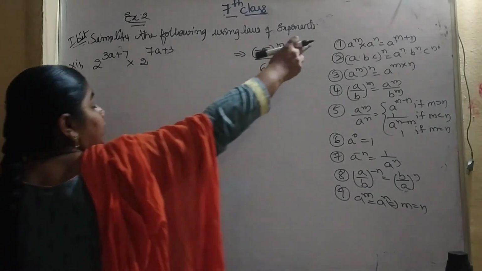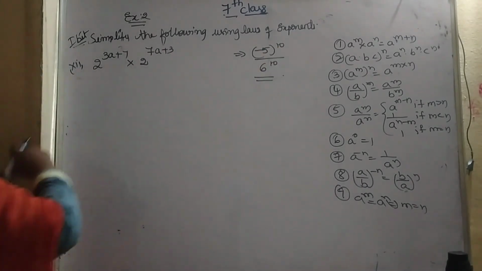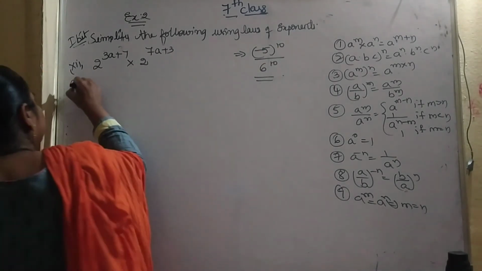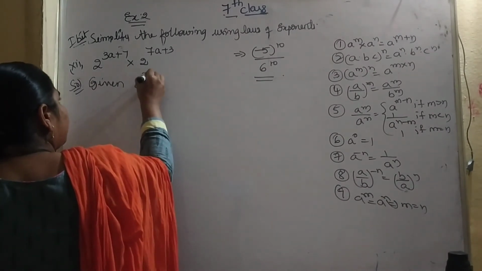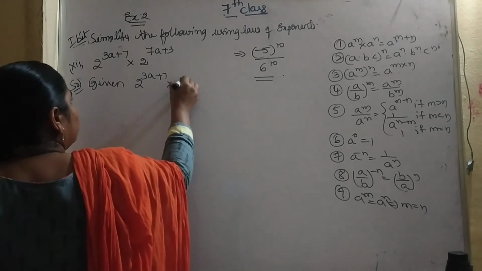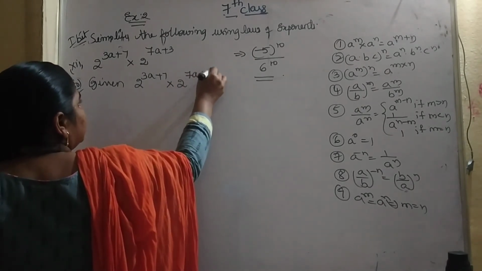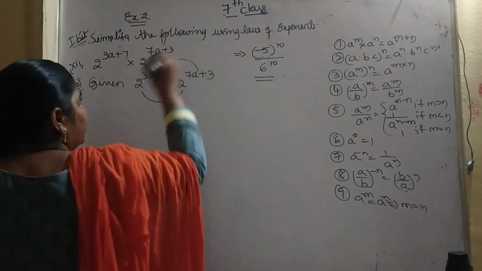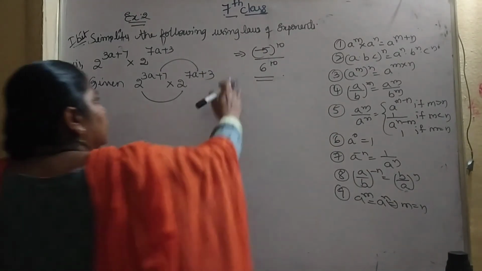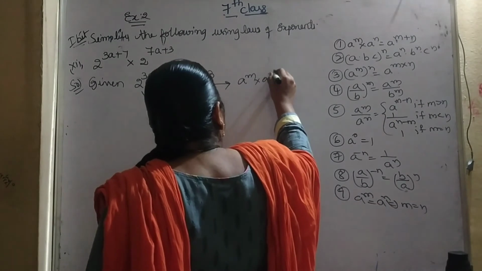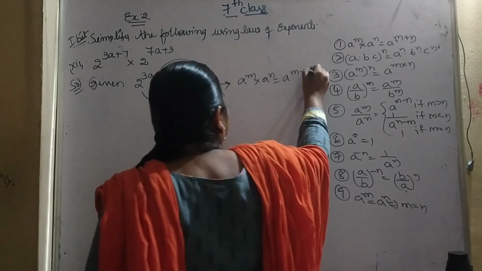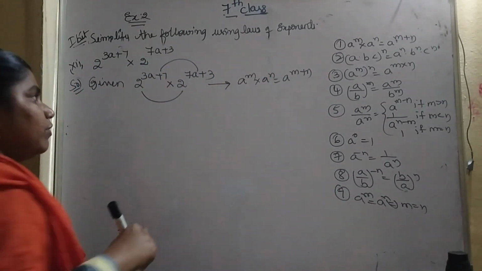We are applying the first formula because both bases are equal, so we can add the powers. Given 2 power 3a plus 7 into 2 power 7a plus 3, both bases are equal, we have to add the powers. Which formula are we using here? That is a power m into a power n is a power m plus n. We are adding the powers now.